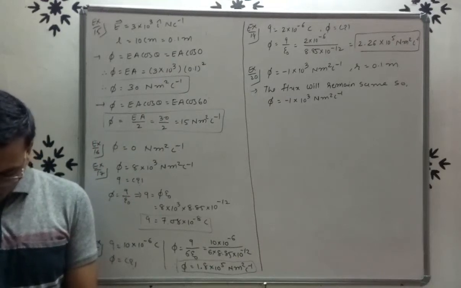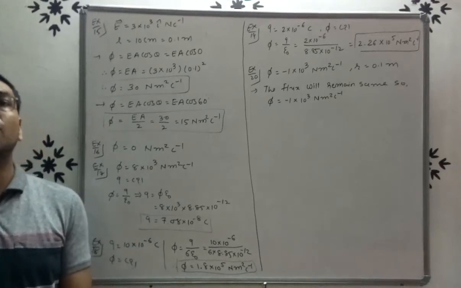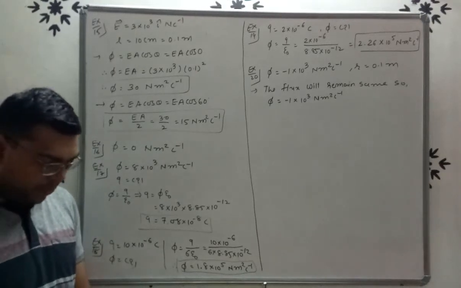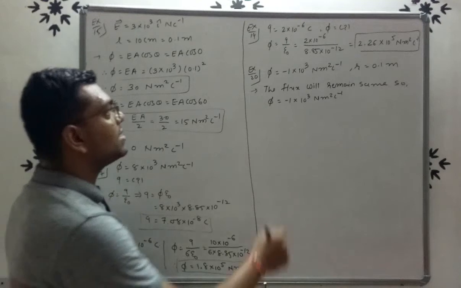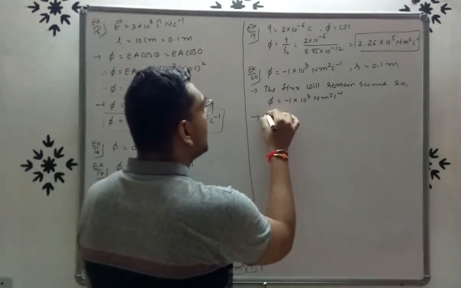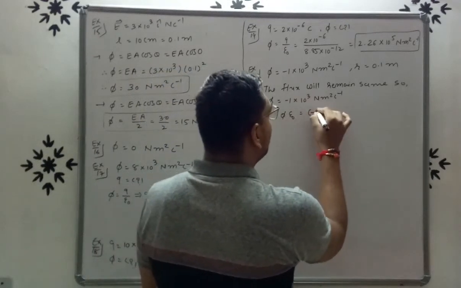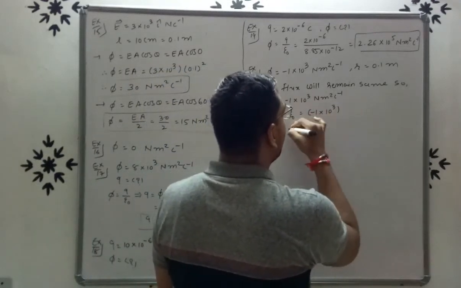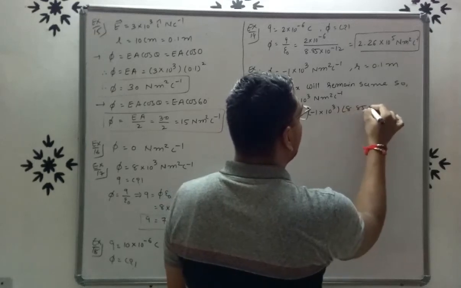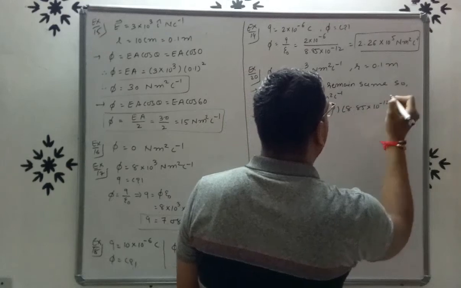And in the second case, what is the value of the point charge? So we have to find out the value of the point charge. So we know the equation: phi is equal to Q by epsilon 0. So charge Q is equal to phi into epsilon 0. The value of phi is -1 into 10 raised to 3, and the value of epsilon 0 is 8.85 into 10 raised to -12. Right.